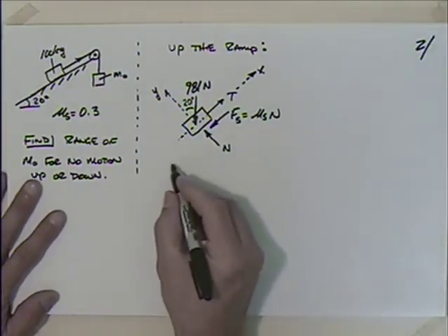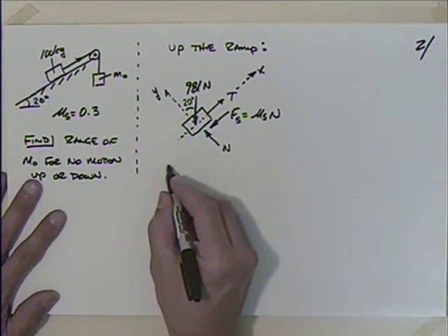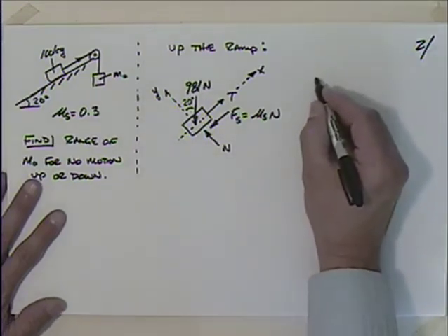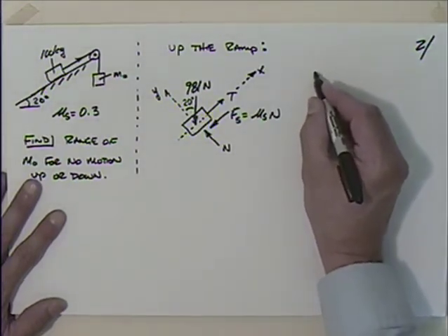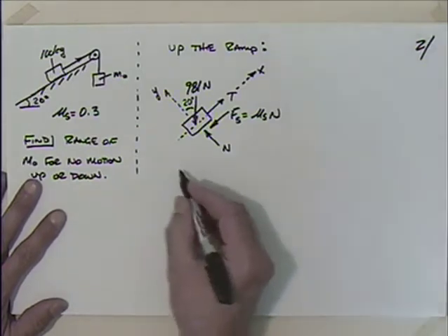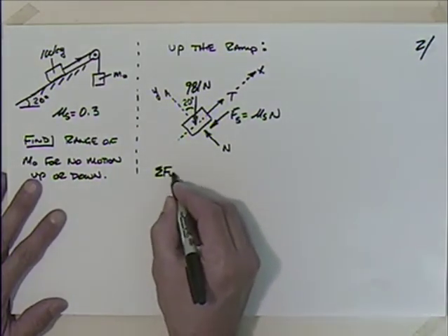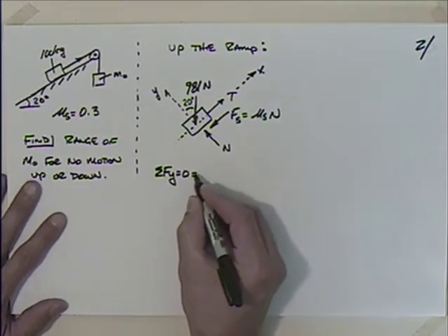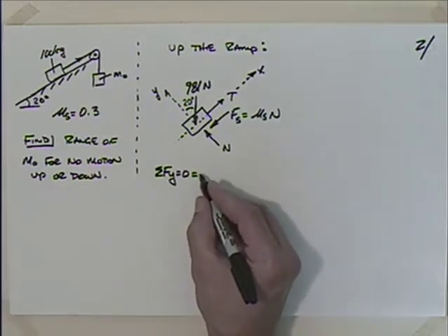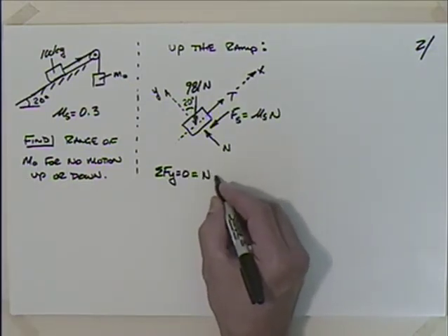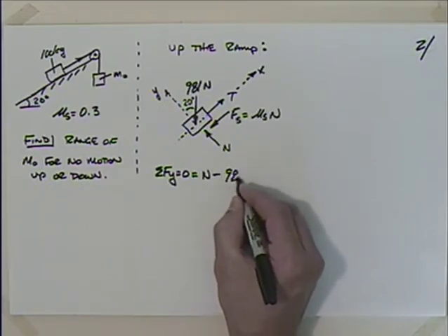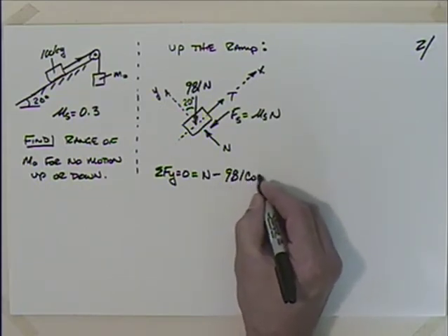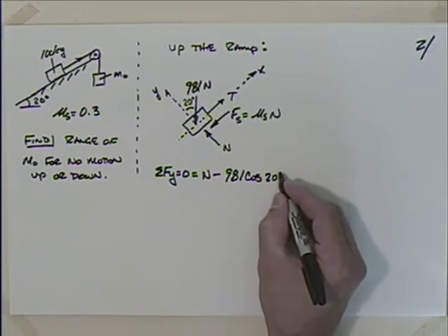So what I can do here is sum the forces in the y direction. Sum of the forces in the y direction is equal to 0. What do I come up with? I've got the normal force minus 981 times the cosine of 20 degrees.